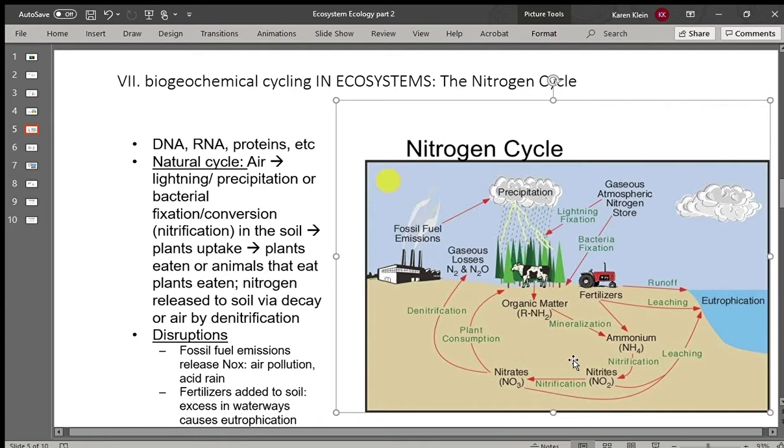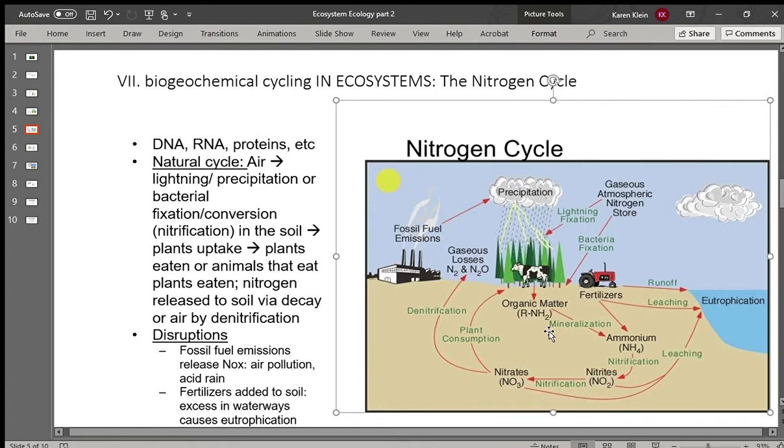But then the nitrogen has to return back to the atmosphere, and it doesn't return to the atmosphere in the form of the decaying organic matter. You have different types of bacteria and fungi that actually build nitrogen back to its original form.